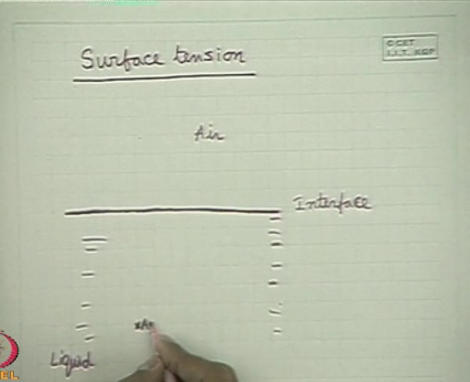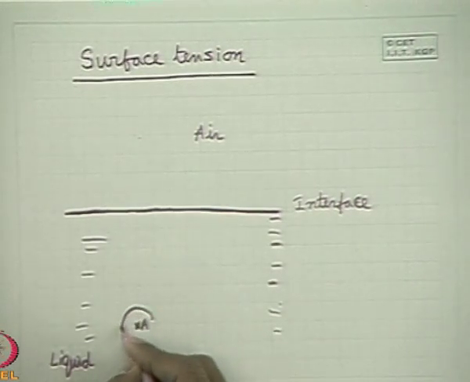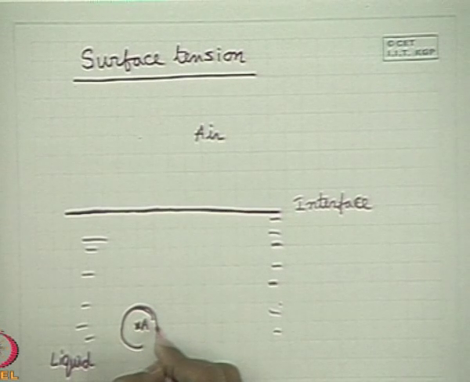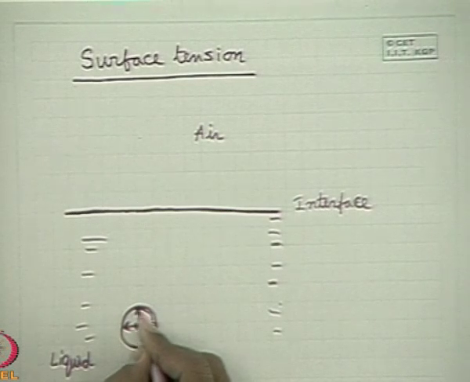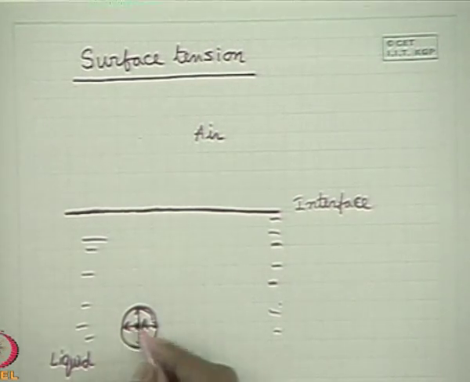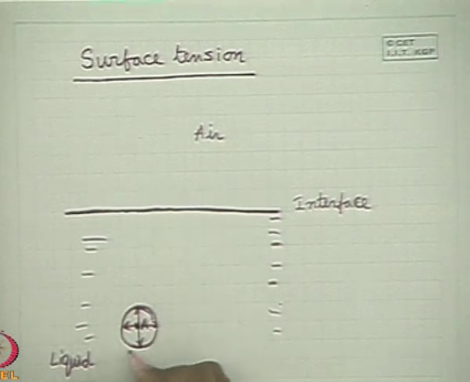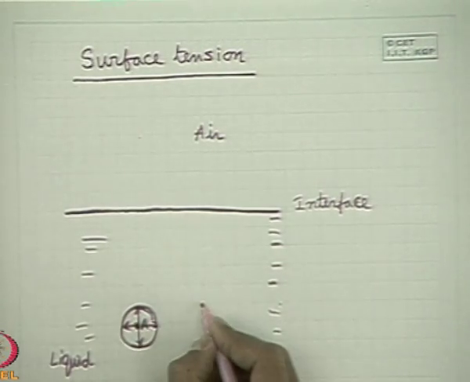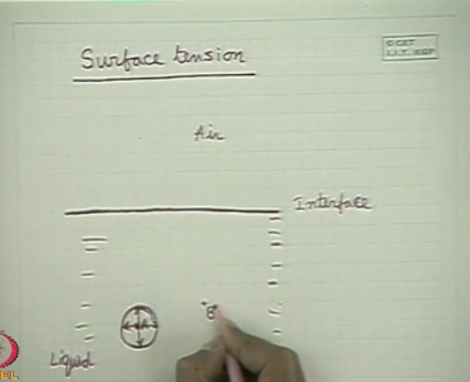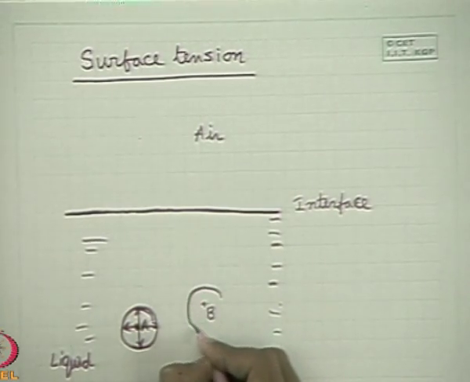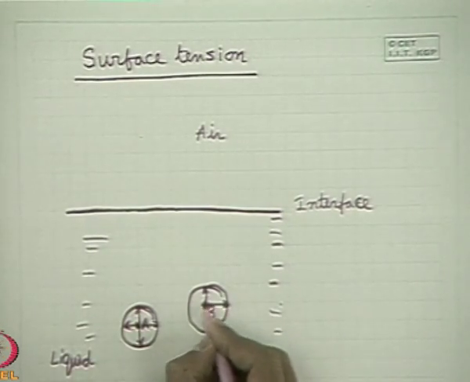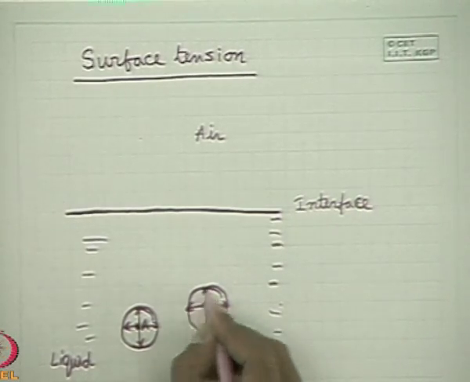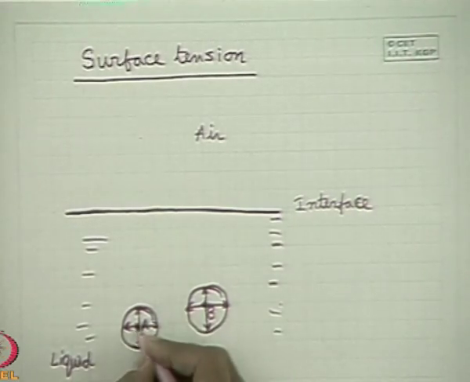So we can assume a sphere of influence for these attractive forces. Similarly, for another molecule B, we can consider another sphere of influence. All the molecules within this sphere attract the molecule at the center equally in all directions. So each and every molecule is attracted by the neighboring molecules in the liquid.